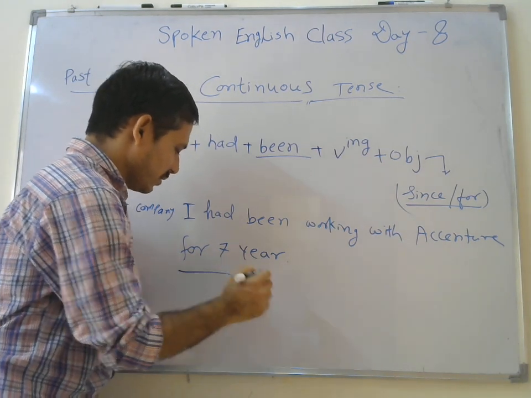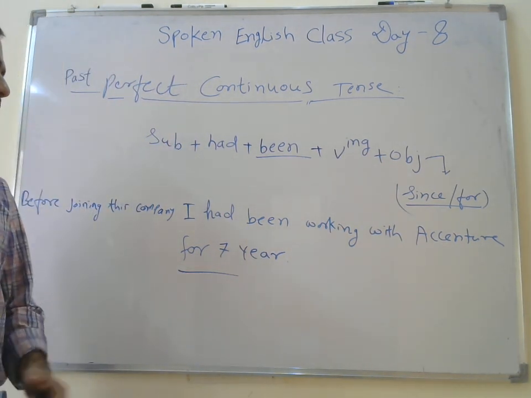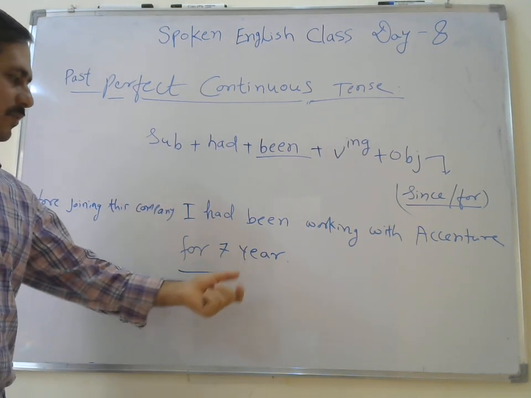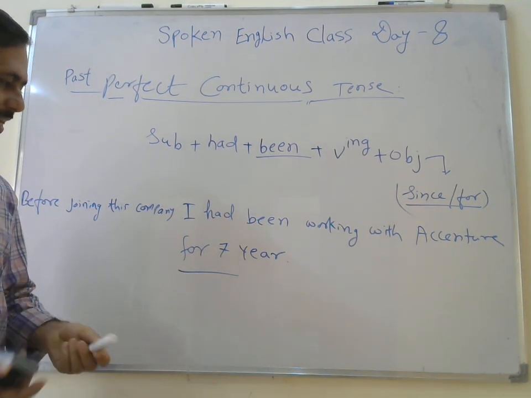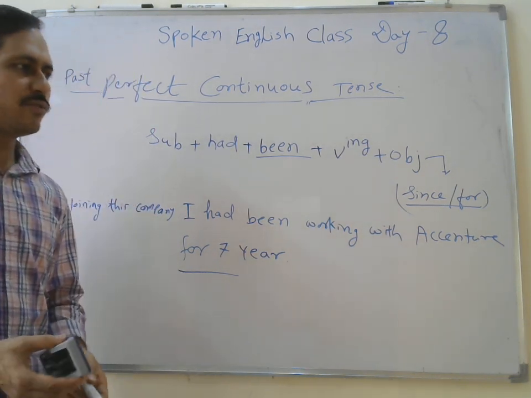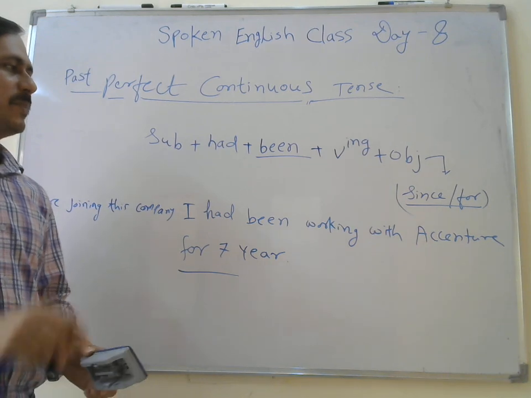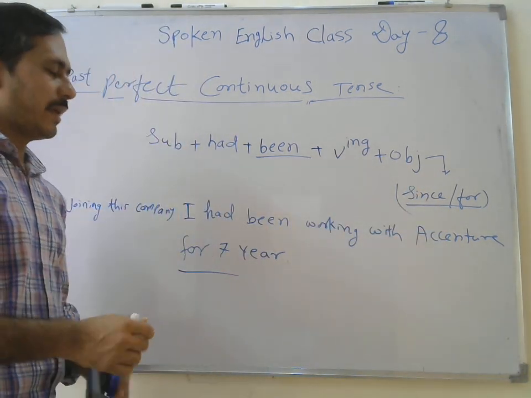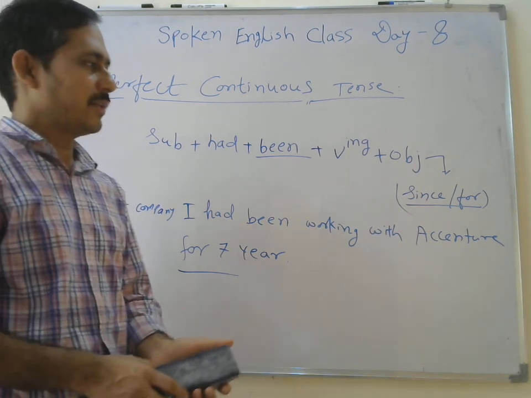So here we have used for. Why? Because we are talking about a period of time. In my last to last lecture, I explained the uses of since and for in detail. If you have any doubt about the uses of since and for, you can refer to that video.